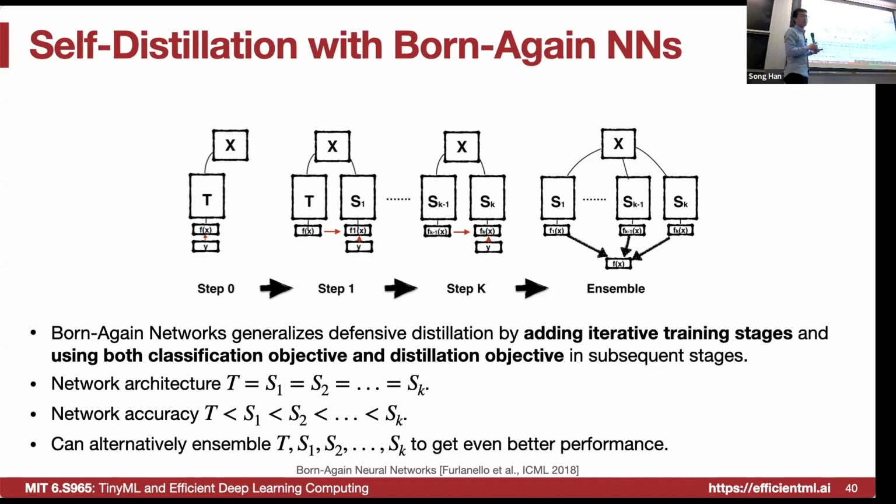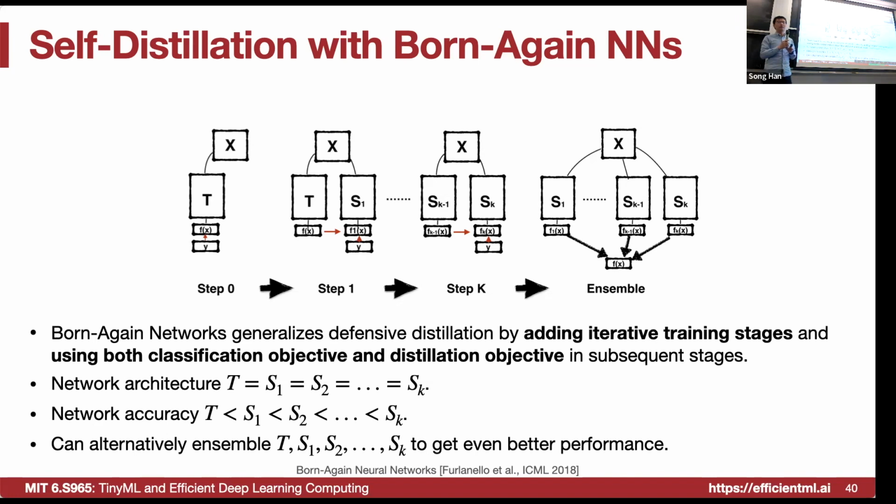So, for example, in step 0, the fx is again a neural network. x is the input, t is the neural net, the teacher, and fx is the output. But y is the label, right? So y is the label and is used to supervise the result. fx is the result from x after this model.